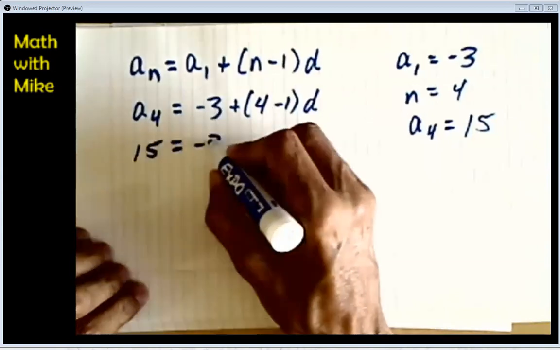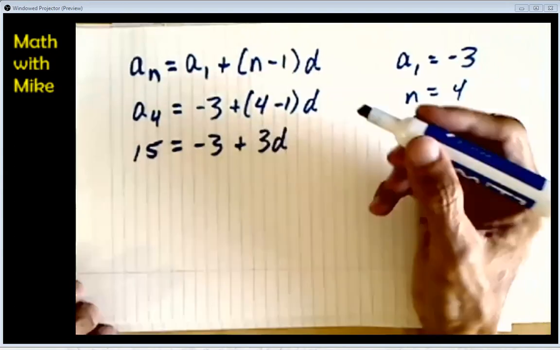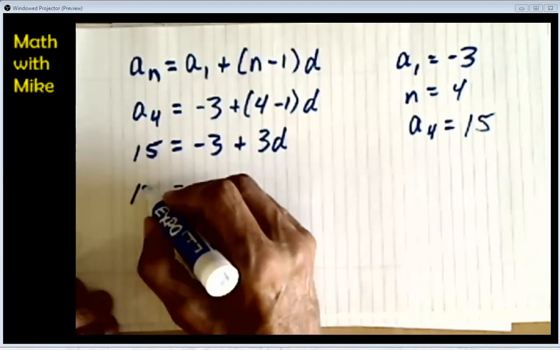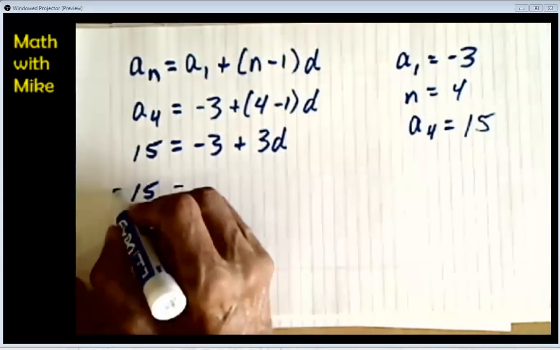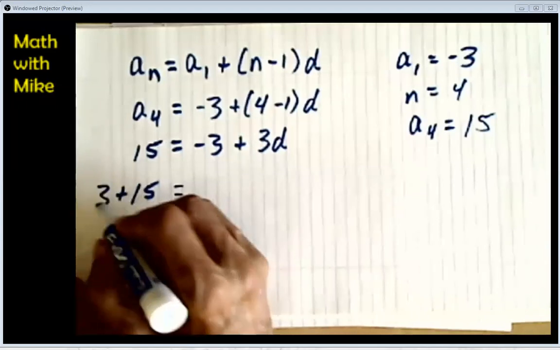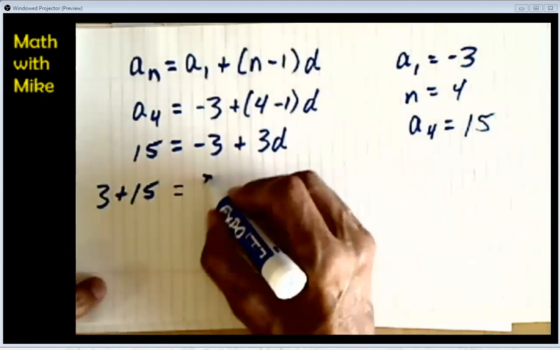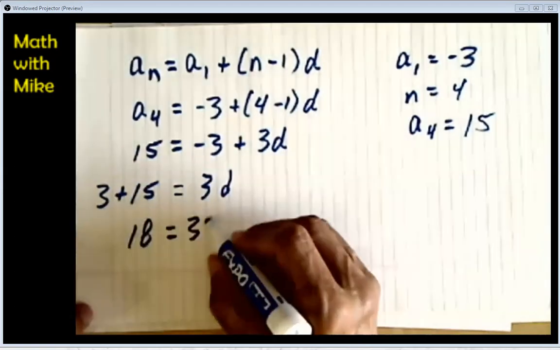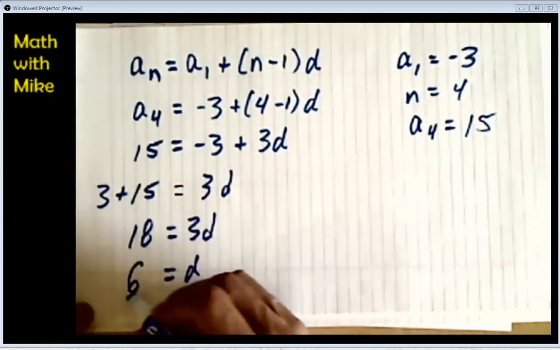So you get -3 plus 3D equals 15, and then this will be plus 3. When you move it to the other side, that's 3D. Nice. From class, we got 18 is 3D. So D is equal to 6, right?